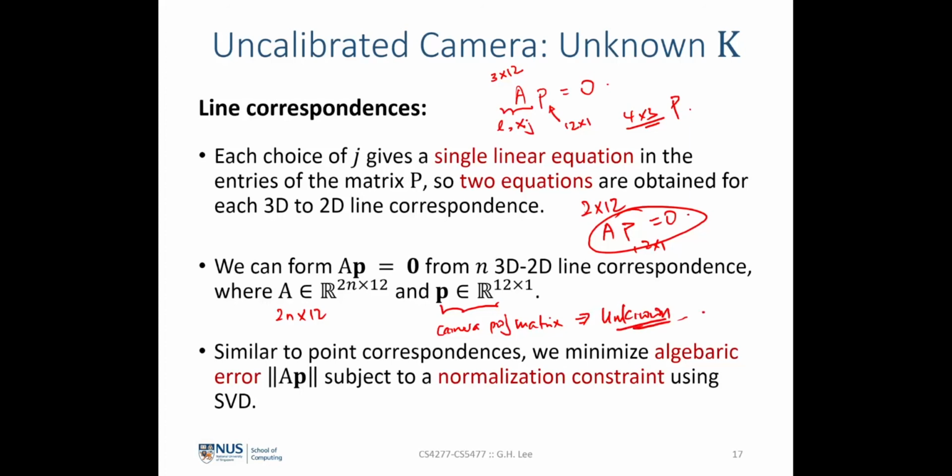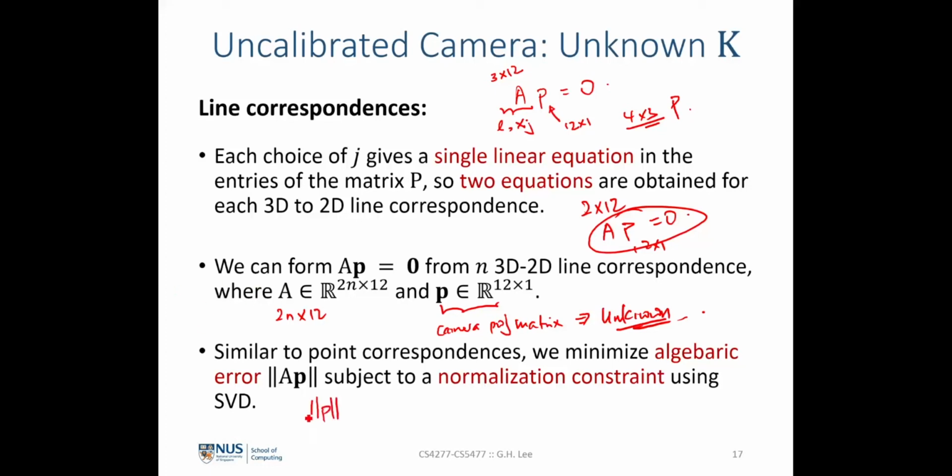So similar to what we have seen earlier on in the case of 2D to 3D point correspondences, we also want to minimize the norm of A multiplied by P subjected to the normalization constraint. So in this case here of the 2D to 3D line correspondences, we can also make use of either one of the two constraints.